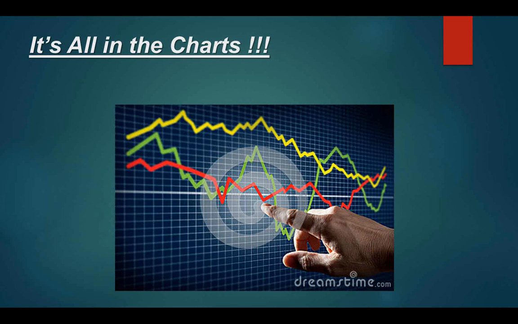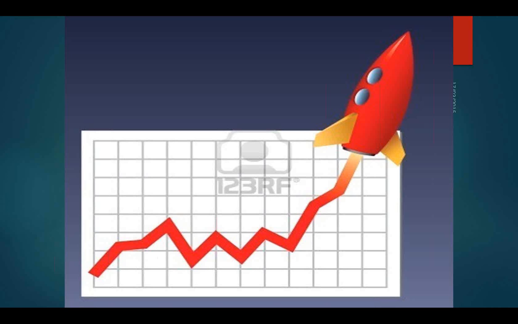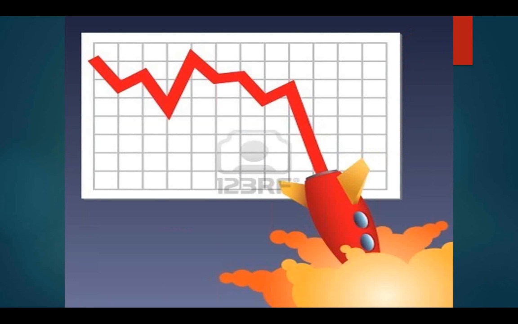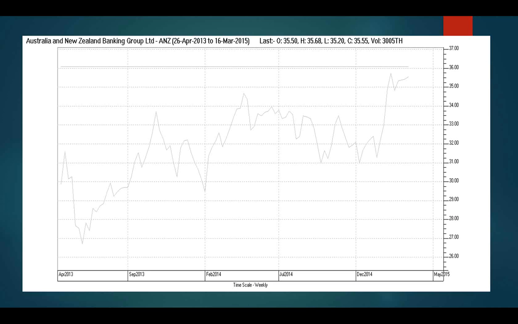So it's all in the charts. That's the mantra of the technical trader. Charts can tell you, is this market going to continue going up, or is it going to crash and burn? It's all in the charts.